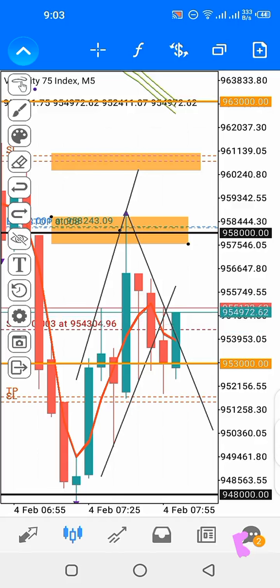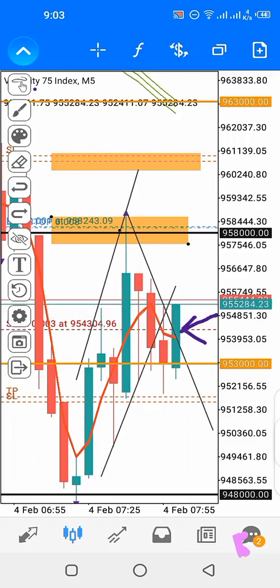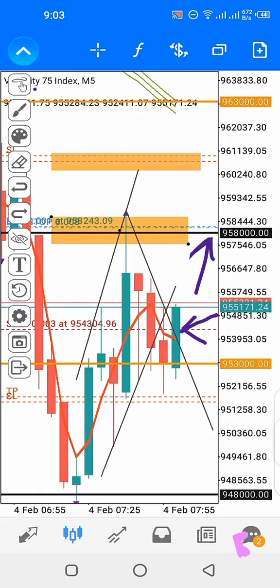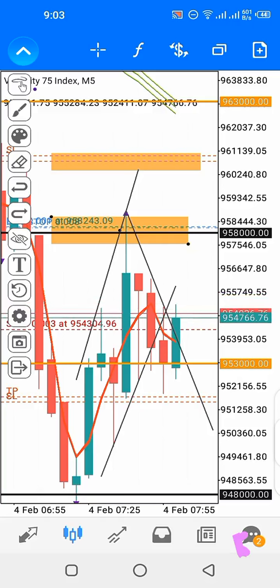What we are just looking at is some kind of bullish engulfing. If this current candle closes as close as it is, we have a bullish engulfing and price might end up going up. Well, let's see.